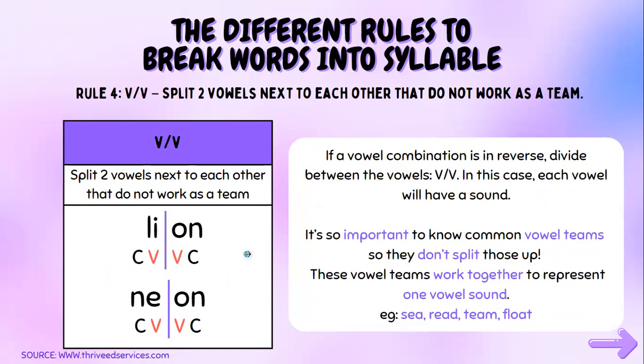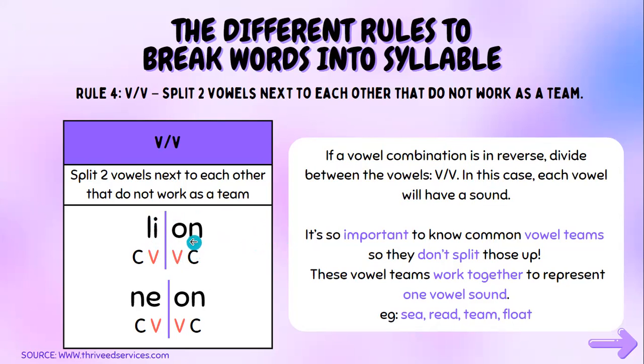Okay, the next rule is split two vowels next to each other that do not work as a team. So earlier I told you about two vowels being next to each other and working as team vowels, as a vowel team. But sometimes two vowels next to each other are actually not a team. A way we can tell if they're a team or not is if there's only one vowel sound produced by them together, then it's a vowel team.